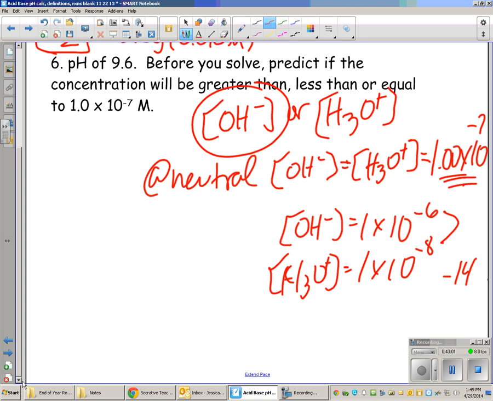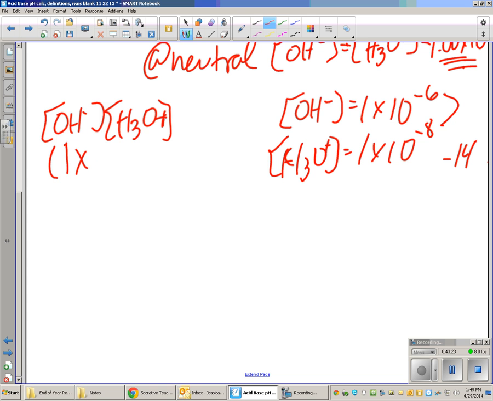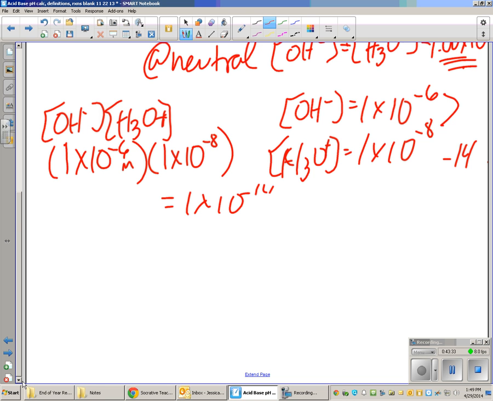Because that's the maximum of the pH scale most times. When you multiply two things with exponents of base 10, you add up their exponents. When did you learn that? Algebra 2? It's like a rule of logs. So when you multiply these two things, you just add up the exponents, so it's 1 times 10 to the negative 14.